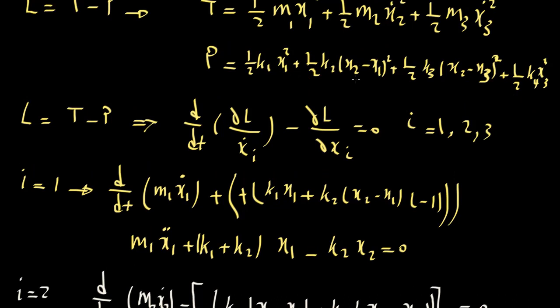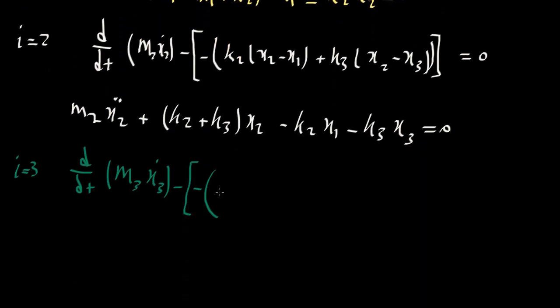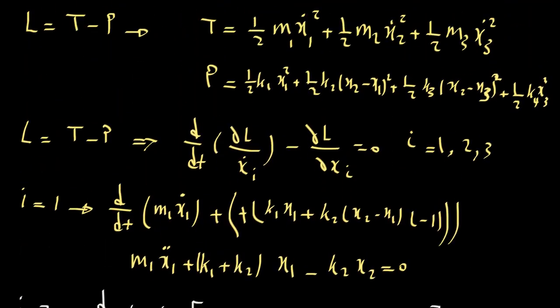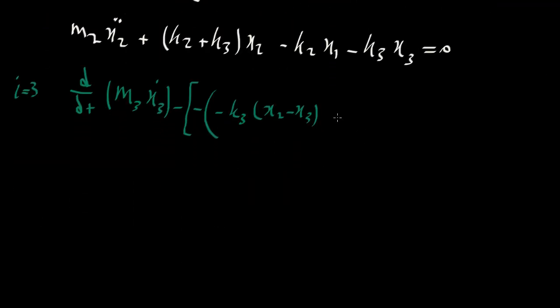So these two terms don't have any x3, so this would be k3 times (x2 minus x3) times minus 1, because the derivative of the inside of the parentheses is just minus 1 when we are taking the derivative with respect to x3. So that would be minus k3 (x2 minus x3), and the last term would be basically k4 times x3, so plus k4 x3.